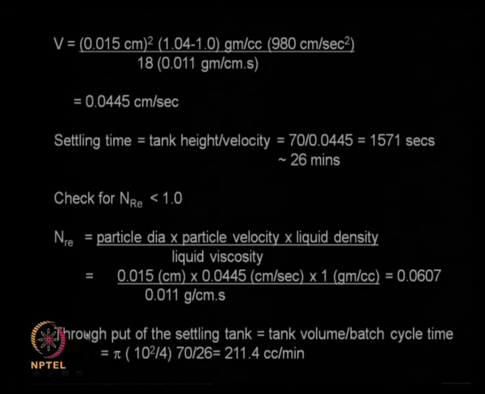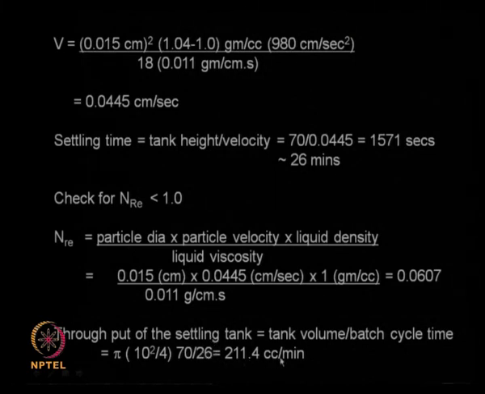Now, what is the throughput in the settling tank? How do you calculate throughput? Throughput is the tank volume divided by the batch cycle time. Here the batch cycle time we will assume as the settling time, 26 minutes, and the tank volume is pi d square by 4, where d is the diameter of the tank, multiplied by the height of the tank, divided by 26.